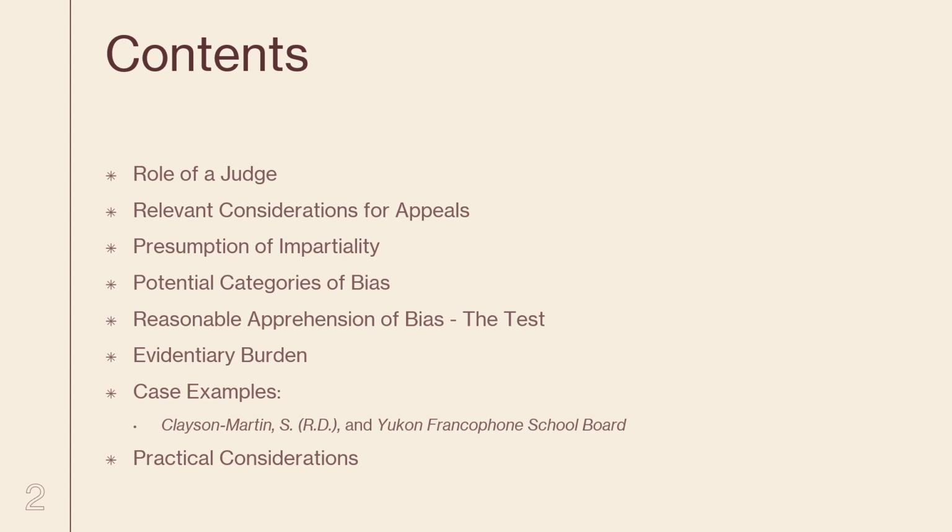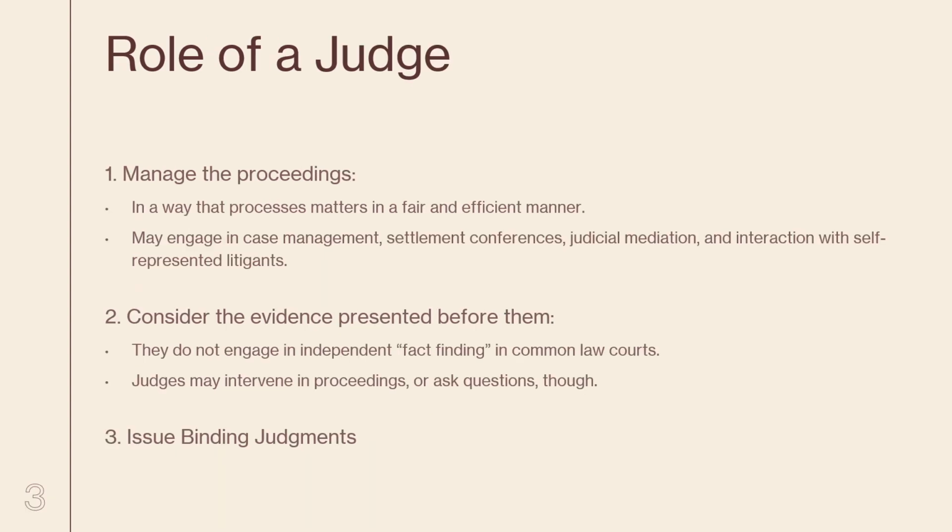I will then cover 3 cases to demonstrate how the reasonable apprehension of bias test is interpreted in case law. And I'll round off the discussion with some practical considerations, mainly targeted towards self-represented litigants.